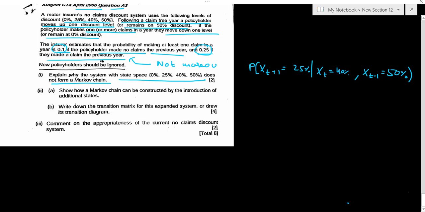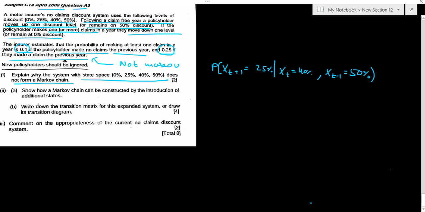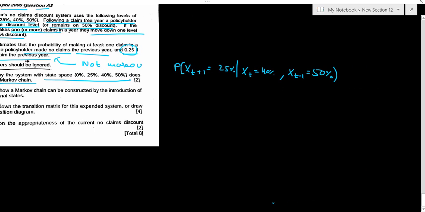This probability is basically equal to 0.25, because if you made a claim last year, then your probability of making a claim in the next year as well would be 0.25 as they said in the question.